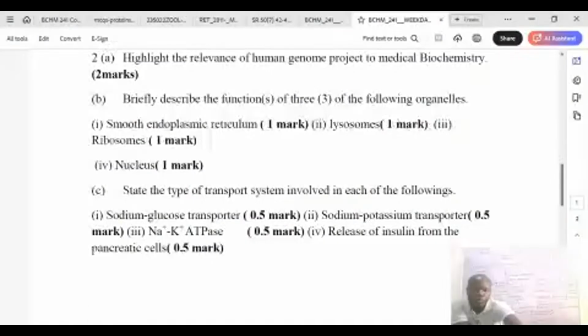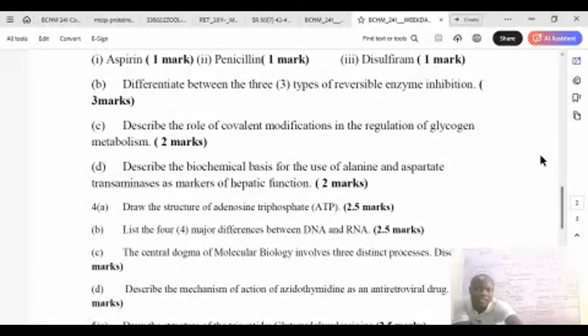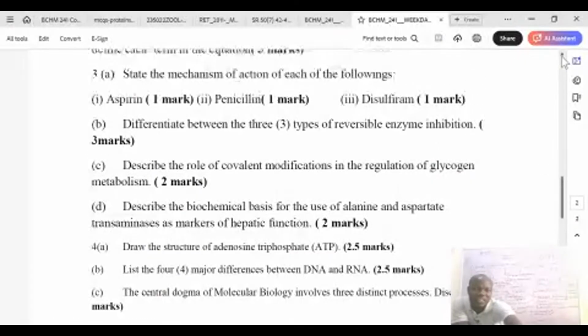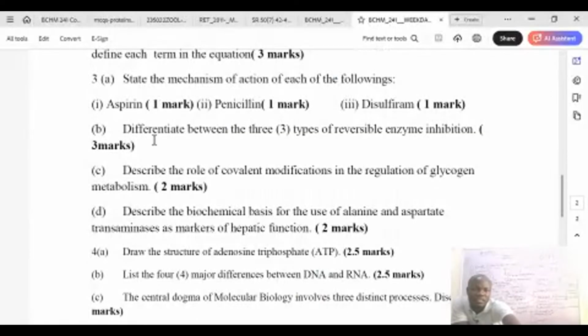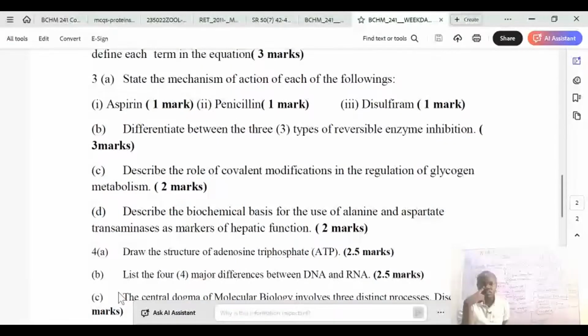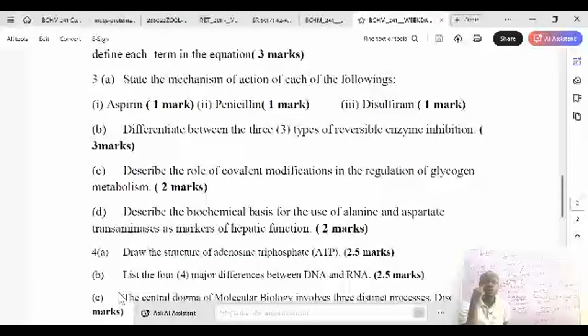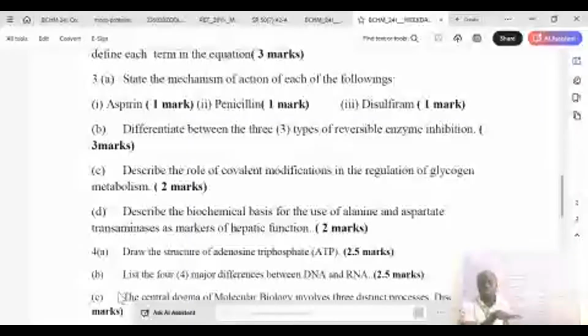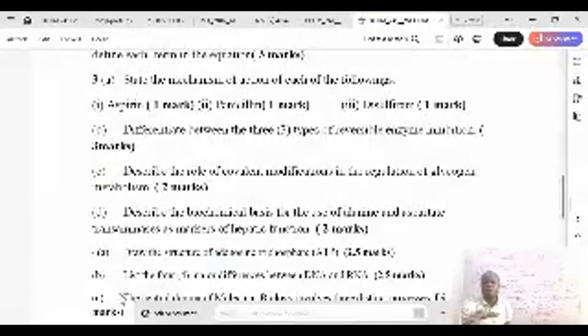Please, I want to differentiate primary and secondary. All active transport requires energy.